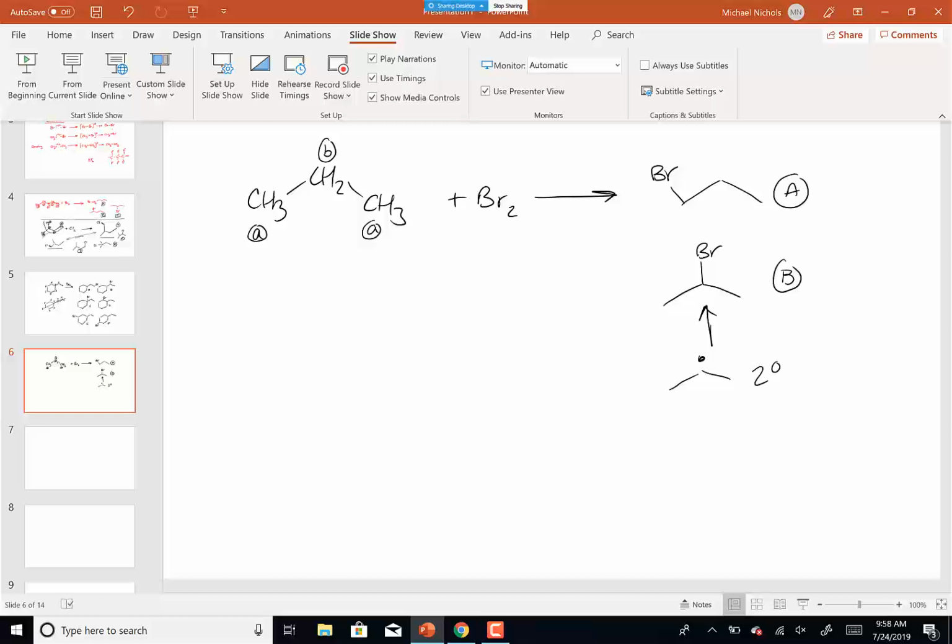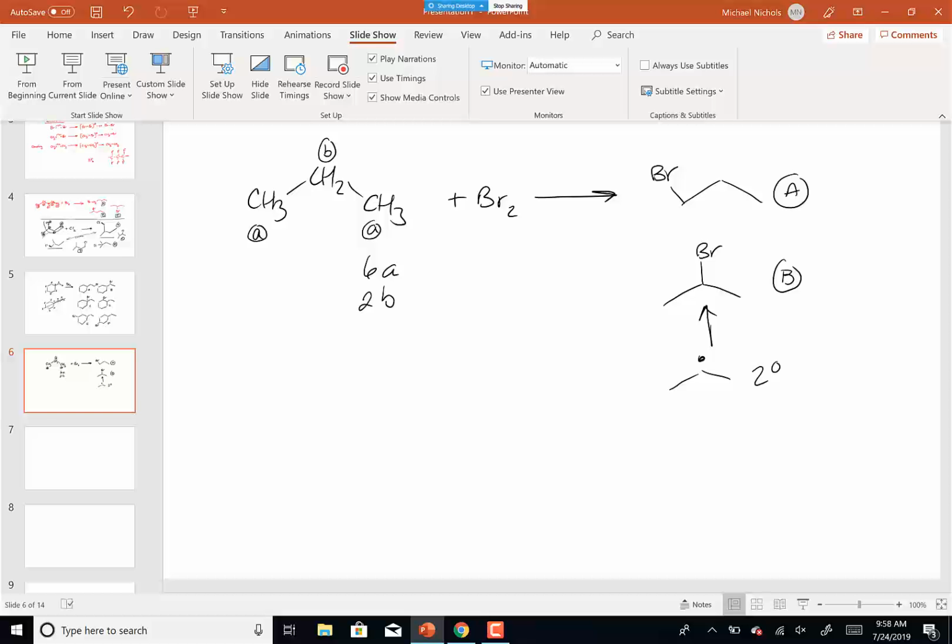Okay, I like that. So if you're a Br dot and you're just randomly going around abstracting hydrogens, there's 6 A hydrogens and there's only 2 B hydrogens.